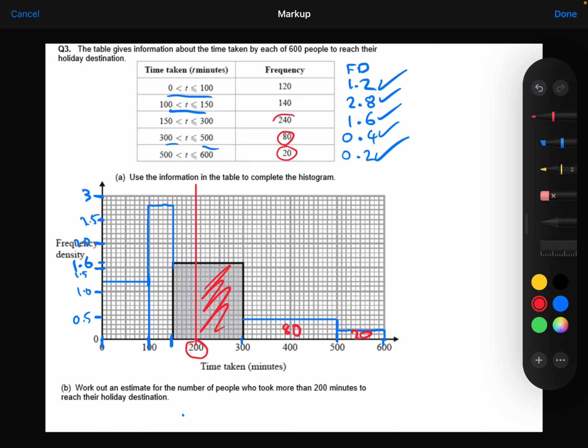And I know in that bar there were 240 people. So 2/3 of 240, or 1/3 would be 80, so 2/3 is 160. So 160 plus the 80 people plus the other 20 people means that 260 people took more than 200 minutes to reach their holiday destination.